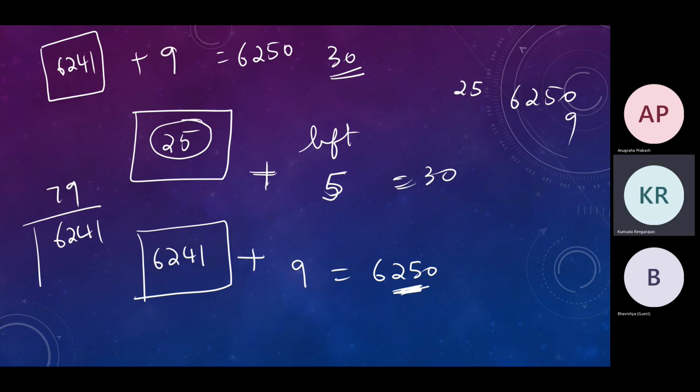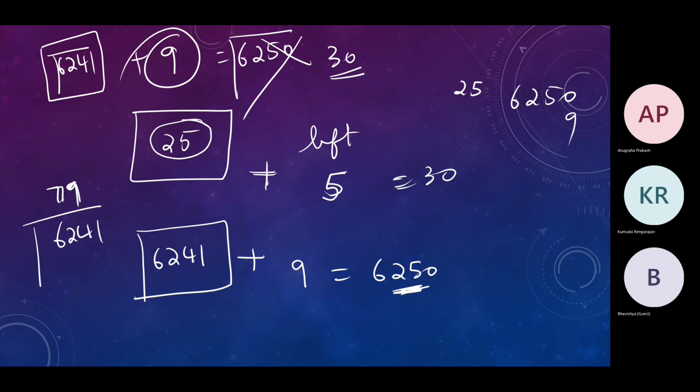So how many are inside the square? 6241. So how will you find the number of rows or the number of columns? The square root of the number forming the square, not the square root of this number. This is not a perfect square. That's why 9 students are standing outside the square. And the square root of 6241 is 79, which means the students are arranged in 79 rows and 79 columns. Am I clear, Bhavishya? Yes, ma'am. Very good.